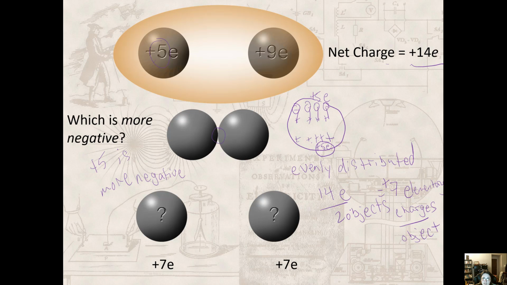So just a quick formula that's not in the reference table: the total charge divided by the number of objects equals Q per object. Okay, so this is basically conservation of charge in a nutshell.